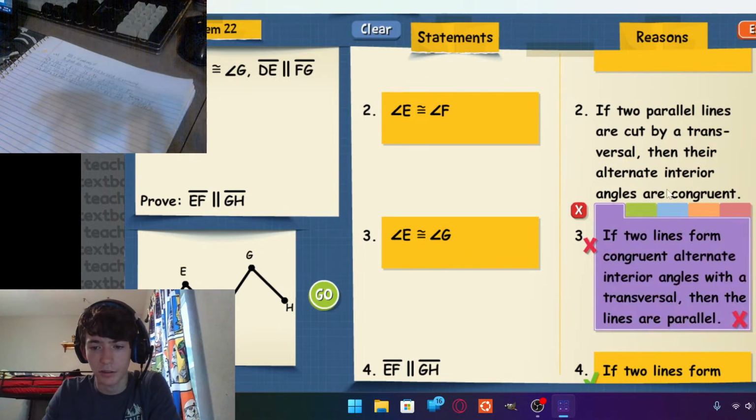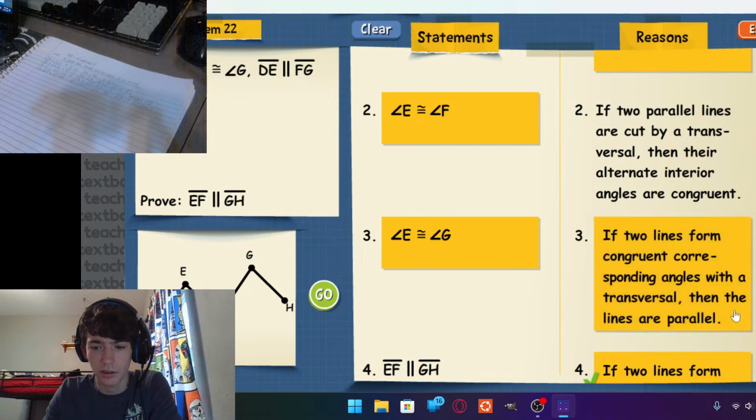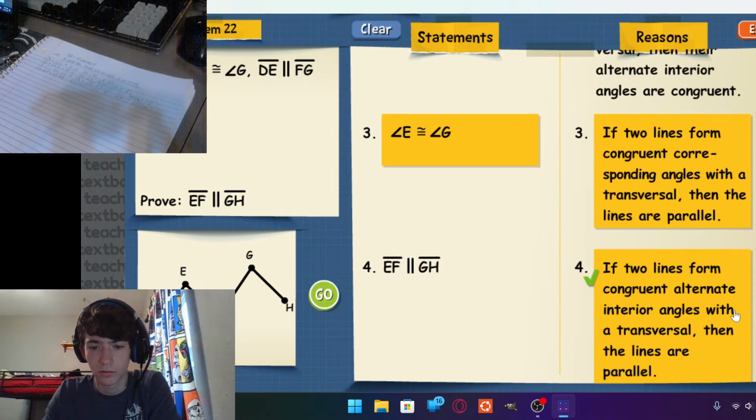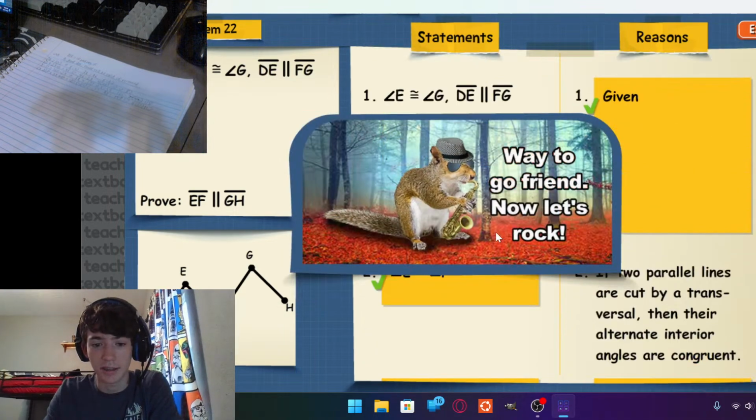It's going to be some congruent, maybe? Those are corresponding angles, right? I think this is it. Okay. Oh, frick. What did I miss? The exact same ones? That's great.